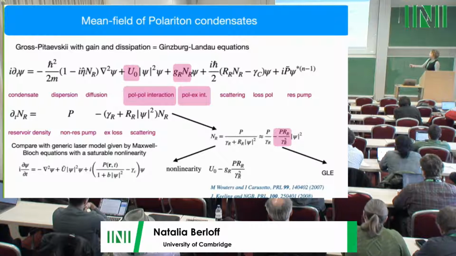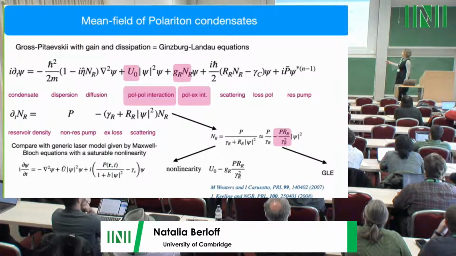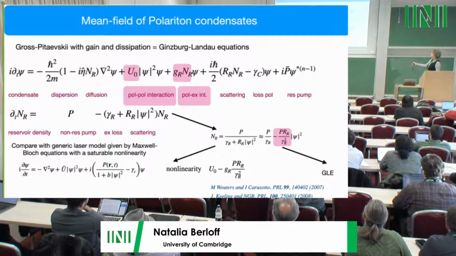Because of the interaction with a reservoir of hot excitons, we have interactions between polaritons. We have the blue shift from the polariton-exciton interaction, so interaction with the reservoir. Then we have scattering from the reservoir of hot excitons condensing into the polaritons. We have the linear losses because of the imperfection in the structure.